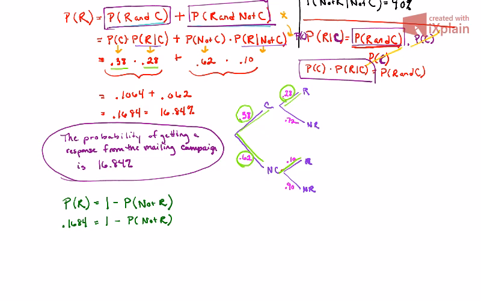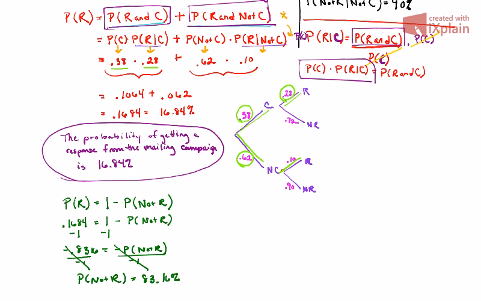Okay, so subtract 1 from both sides, and this is going to give you negative 0.8316, which is equal to the negative probability of not getting a response. So in other words, if we were to, again, divide by negative 1 to clear that negative out, then the probability of not getting a response is going to be 83.16%.